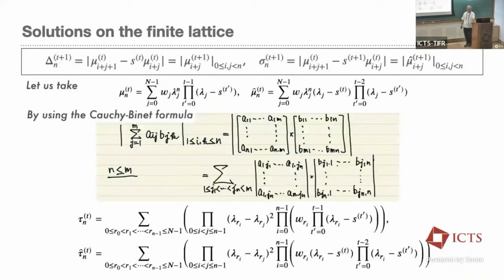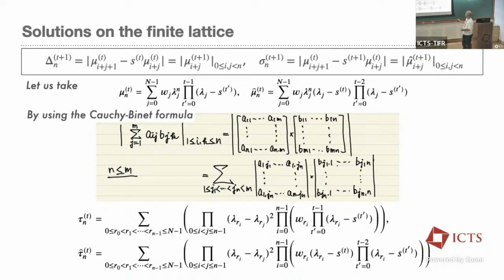And then, okay, the last task is we want to show the convergence property of this system. So here we know this expression for the moment. So this is the Gauss quadrature formula that will give us this term, and this product is coming from the introduction of the Christoffel transformation.